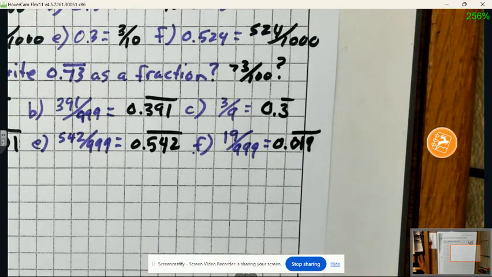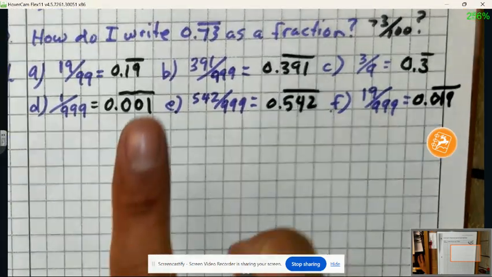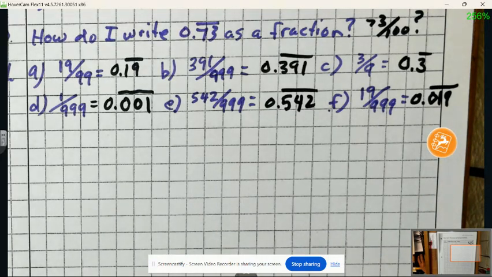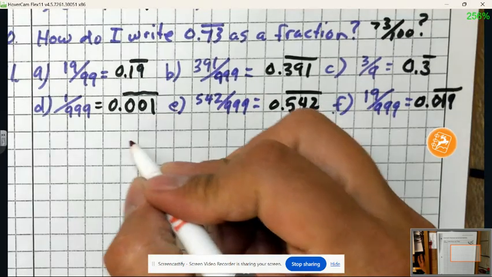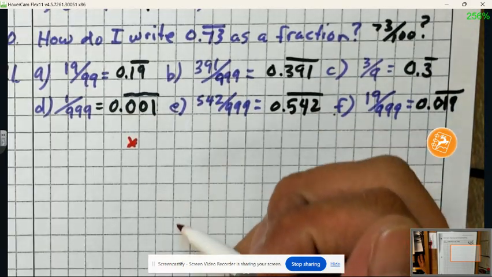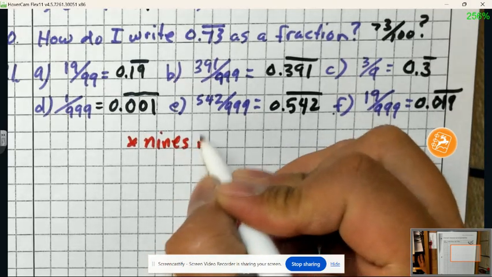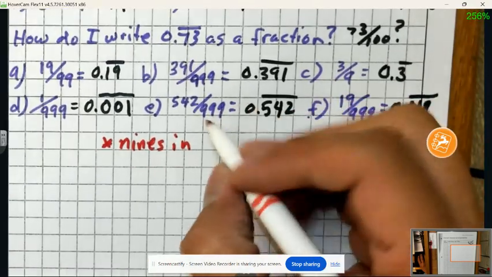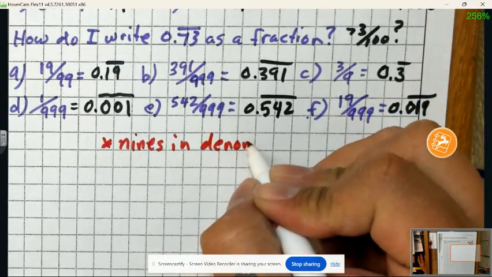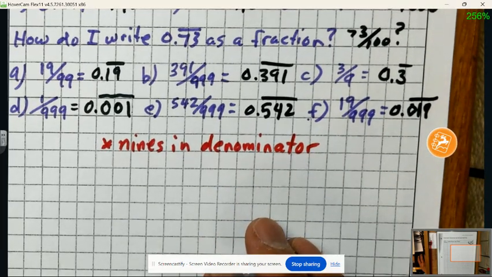So what kind of patterns do we see? What do we see happening over and over and over again as we look at all these answers? Okay, so the first thing we see, there are a bunch of denominators of 9s, right? So there are 9s in the denominator. Okay, anything else we see?